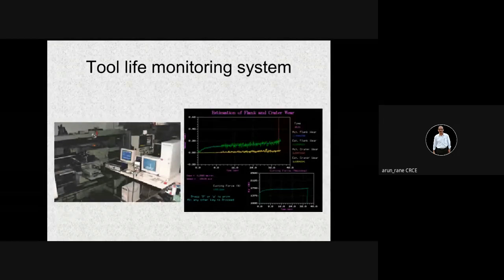The input parameter is the force coming on the spindle. We know the logic that as the tool becomes more and more blunt, the cutting forces will increase. So it has to read the cutting forces with the help of the transducer. This is the principle of the tool life monitoring system, and it will give a message accordingly.